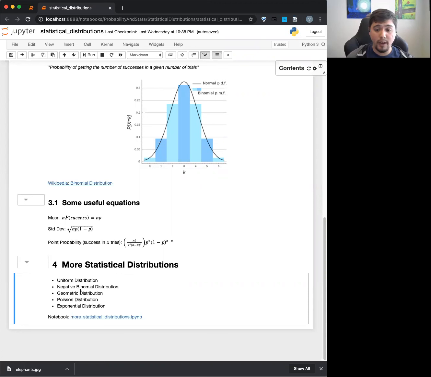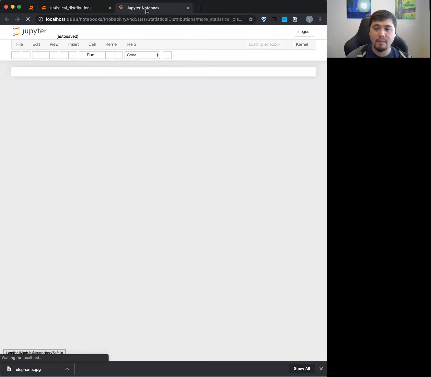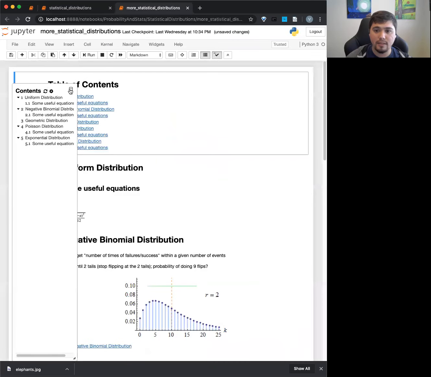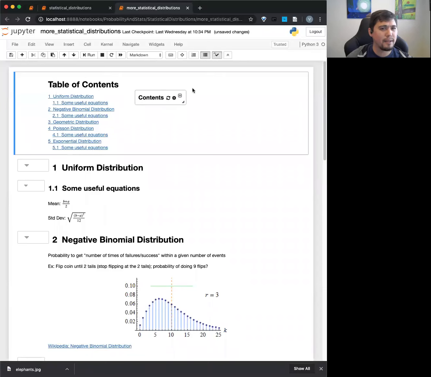For example, we talk about the uniform distribution, the negative binomial distribution, geometric, Poisson, and exponential distribution. Those are found in the appendix, though at least one might be in the main curriculum. I have this little notebook here, and I'm going to go through them really quickly, since we shouldn't spend too much time on it when we've got other things to talk about, right?